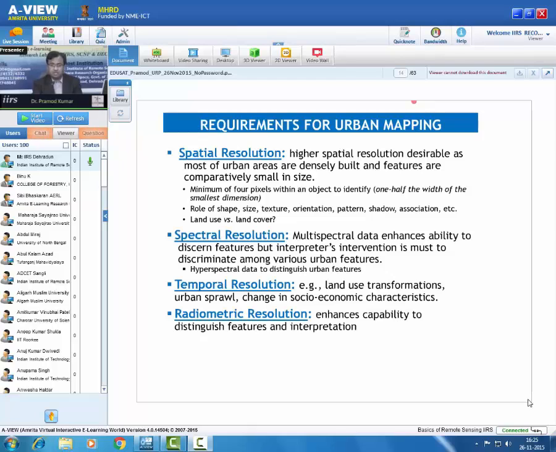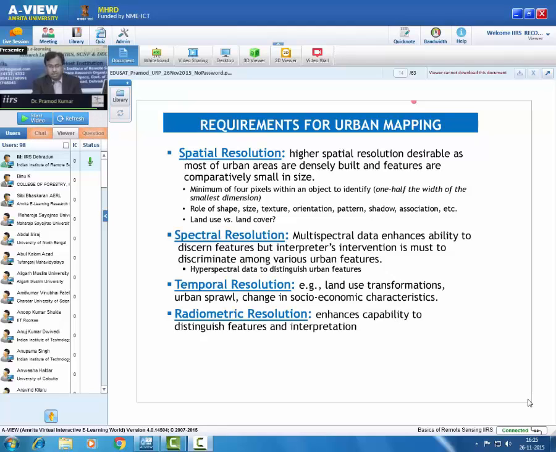In that sense, one can use multispectral data, and the technology which is coming up is hyperspectral data. As of now, from foreign data sources, hyperspectral data is available to some extent. And in India, ISRO is trying to launch its own hyperspectral remote sensing satellite.